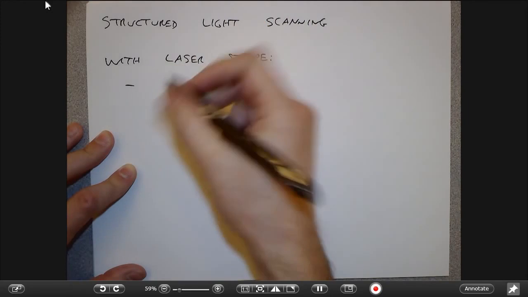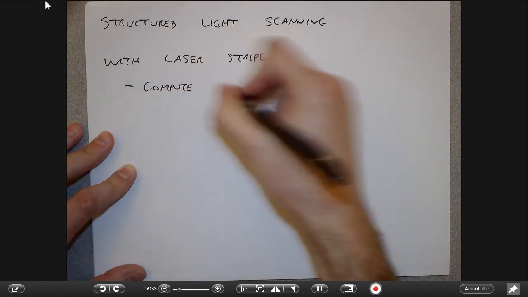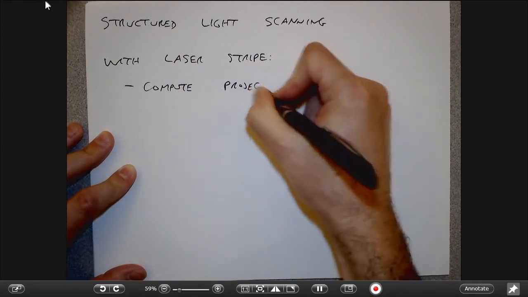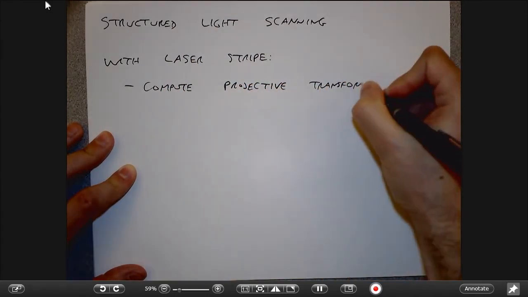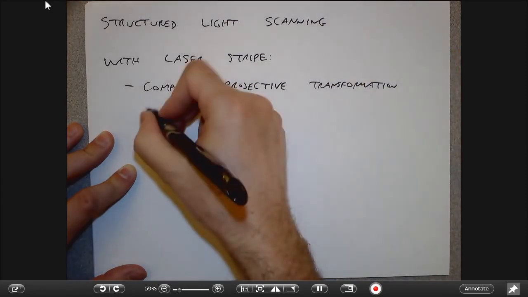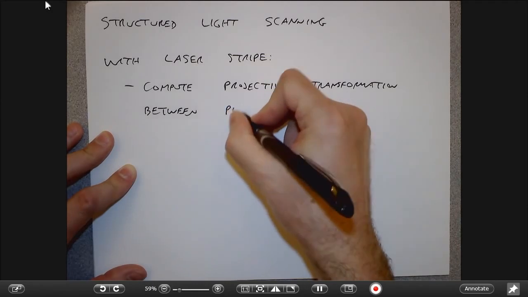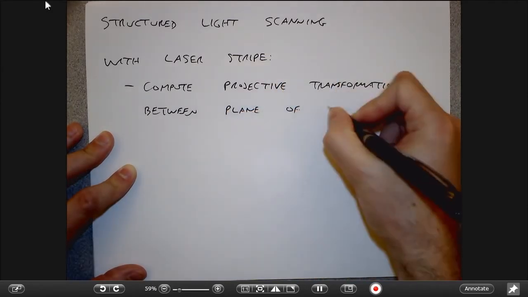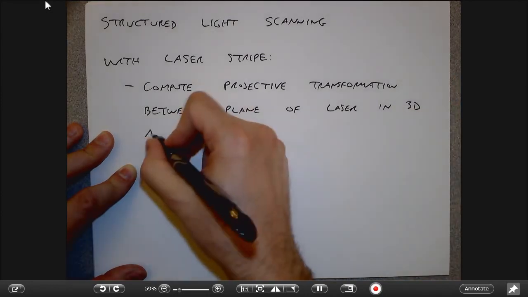And the fundamental idea is to compute the projective transformation between the plane of the laser in 3D and the image plane.